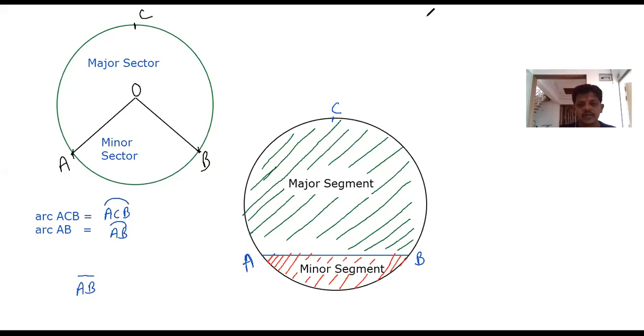Write down circles. Name of the topic is circles.